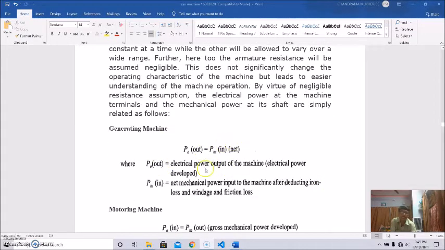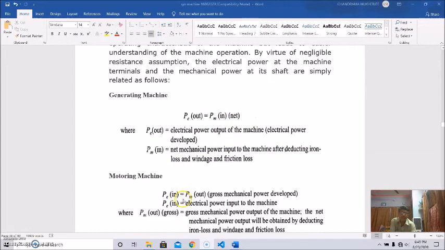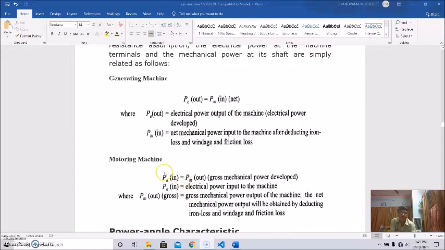This is for generating machines: the electrical output power should be equal to the net mechanical power input, and for a motoring machine, the electrical power input should be equal to the gross mechanical power developed at the shaft.